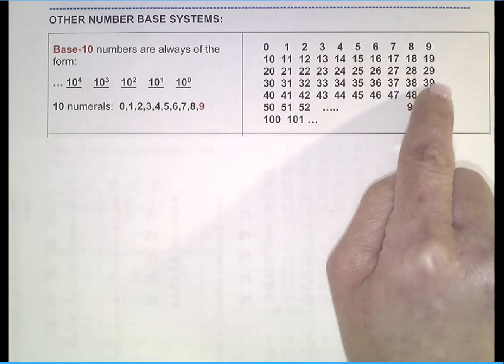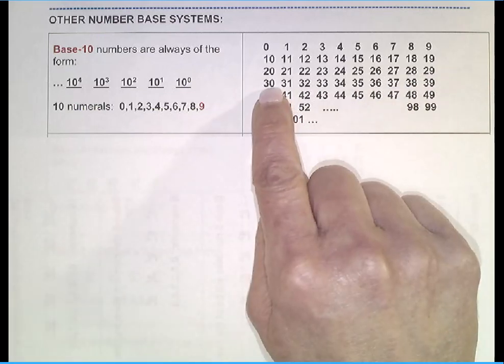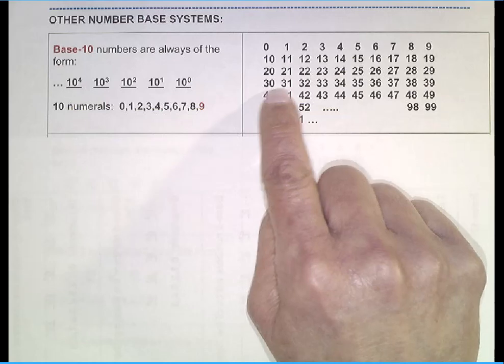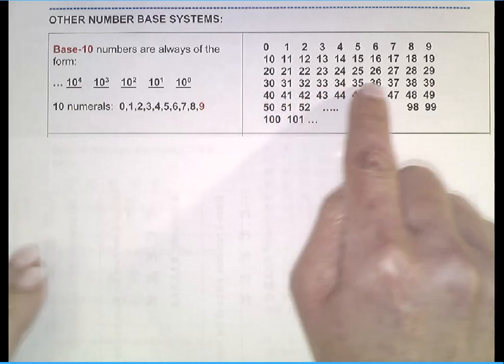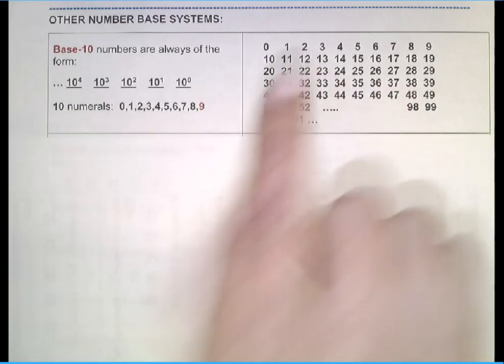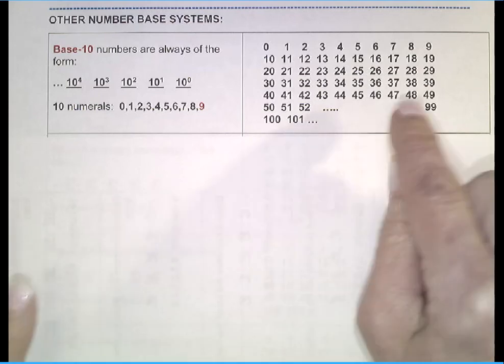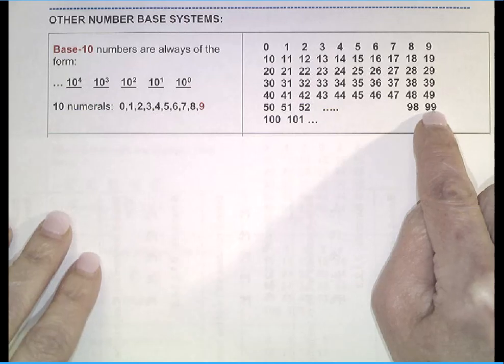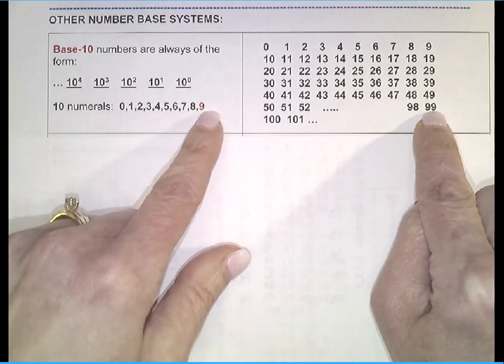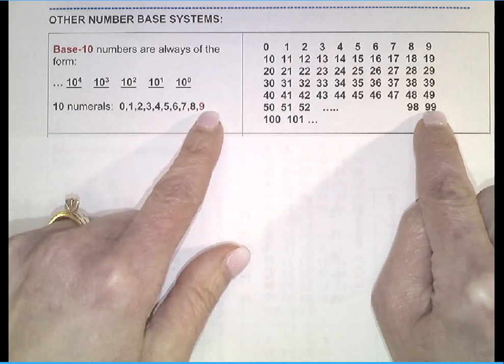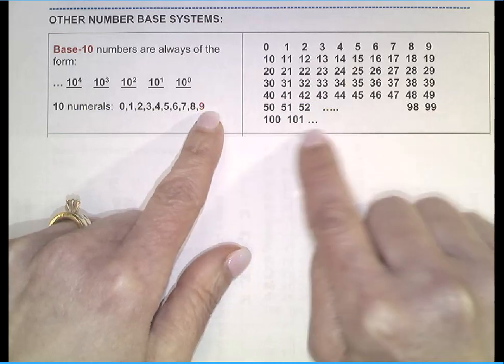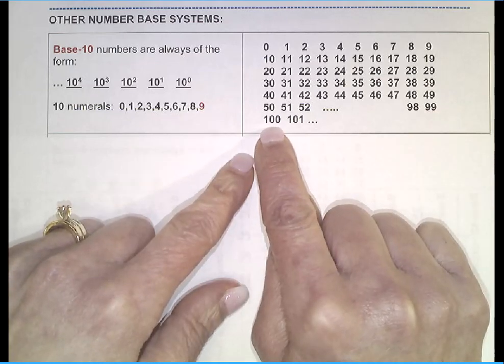After the 9, it rolls that first digit up another one to a 30, 31, 32, 33, 34, and it goes like this up through all of the 40s, 50s, 60s, 70s, 80s, and up through the 90s, 98. Once you get this terminal symbol twice, 99, that's when it now rolls into a 3-digit number.